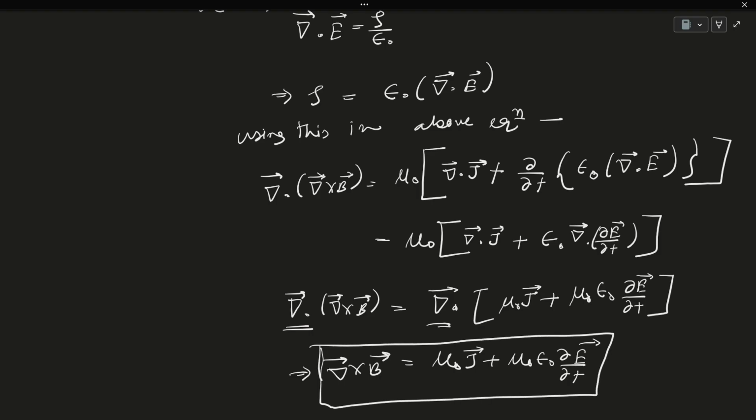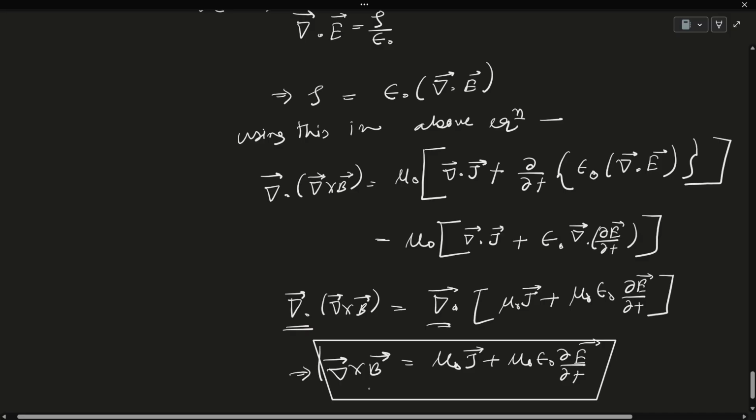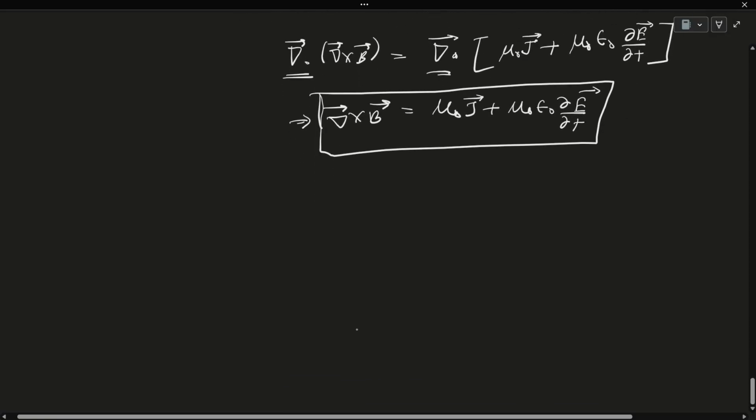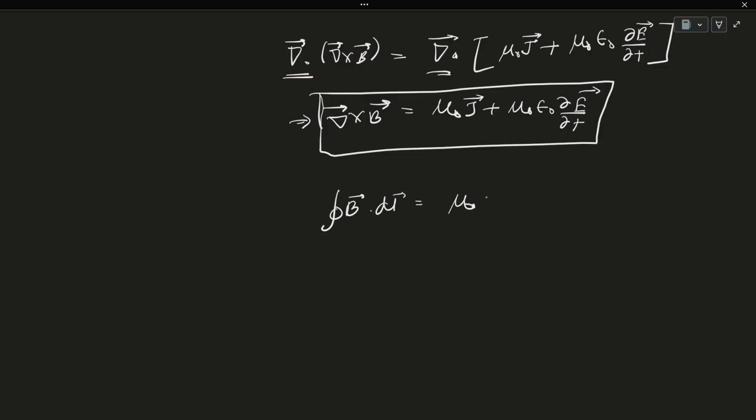And from this term, if we compare with B dot dl equals mu naught Ic plus Id, what we will get?